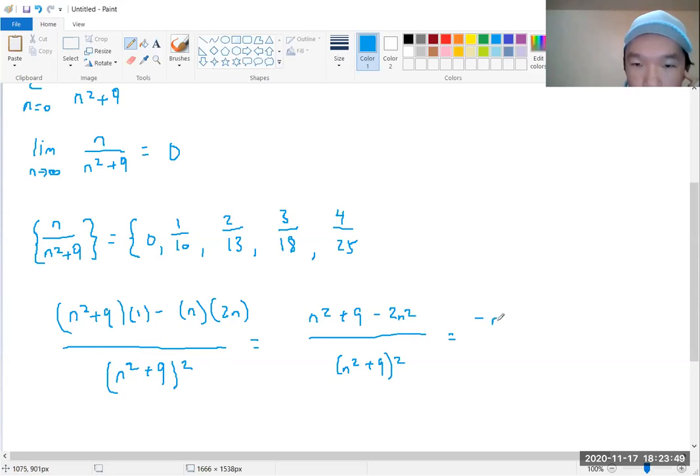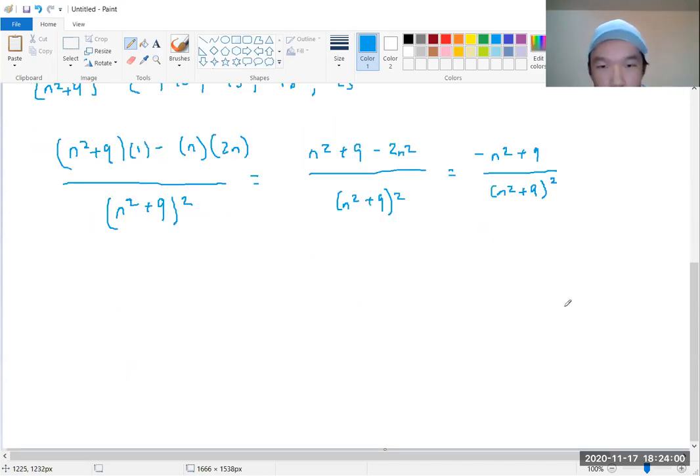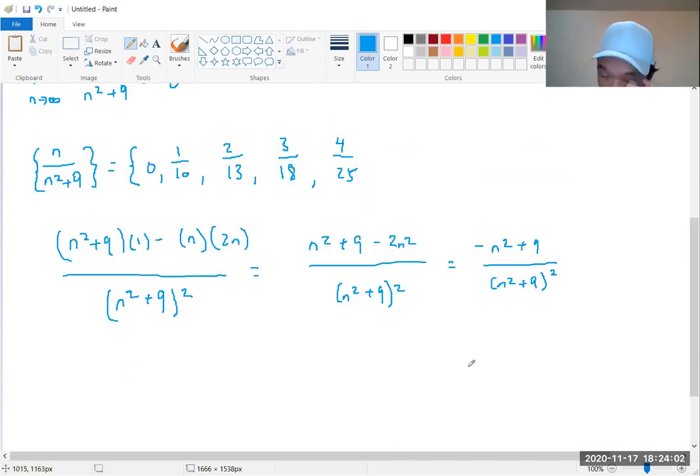So this is negative n squared plus 9 over n squared plus 9 squared. Okay, so that's our derivative. Do you guys see what the critical points are here?